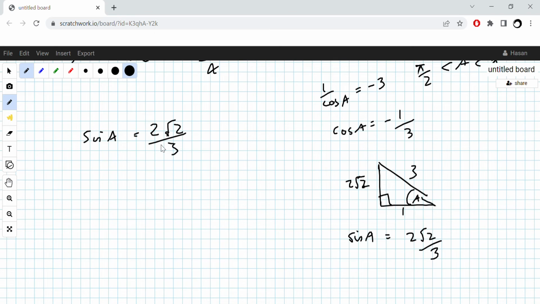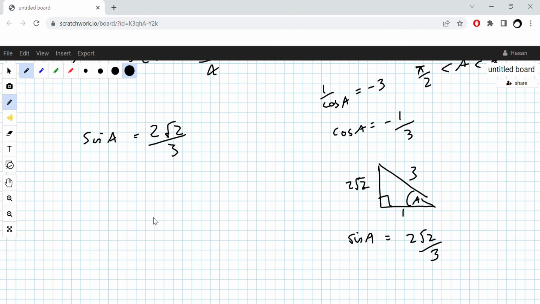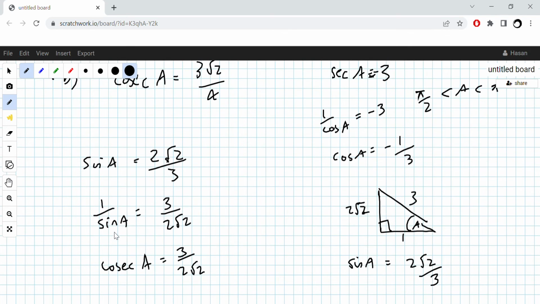As we want cosec A, we're going to use our knowledge of identities to say 1 over sine A equals 3 over 2 root 2, as this is the same as cosec A.